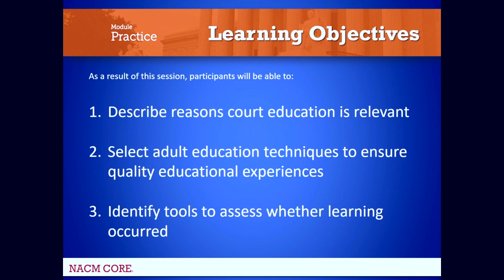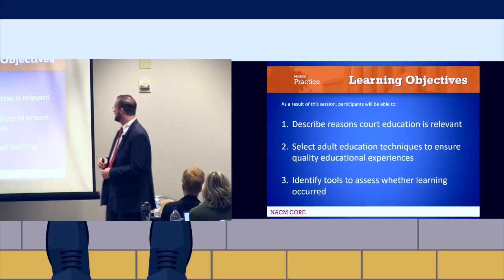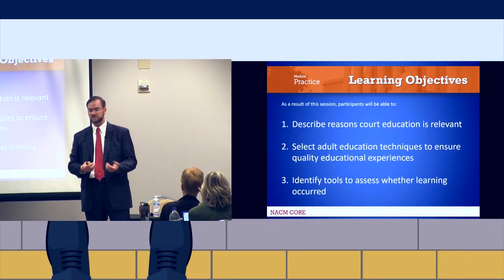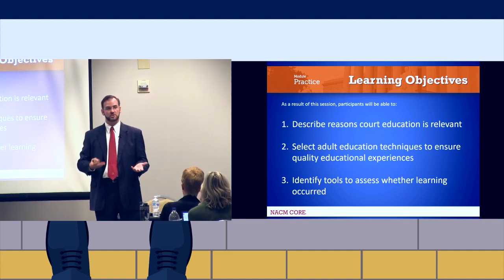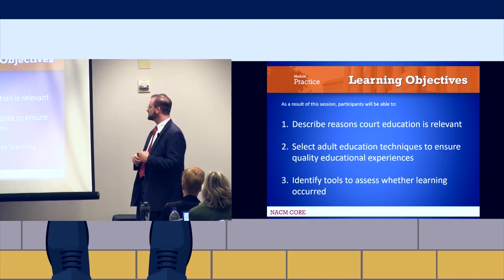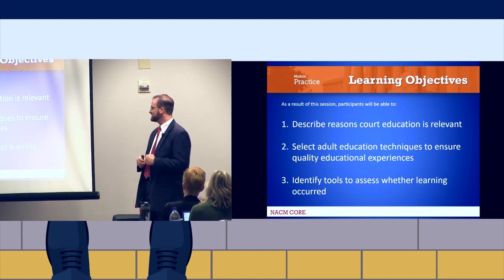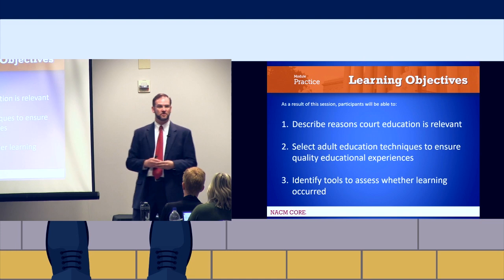We'll be together for just a brief time, but by the end of the course, we want the participants to be able to describe reasons court education is relevant, to select adult education techniques and ensure quality educational experiences, and to identify tools and assess whether learning has occurred.